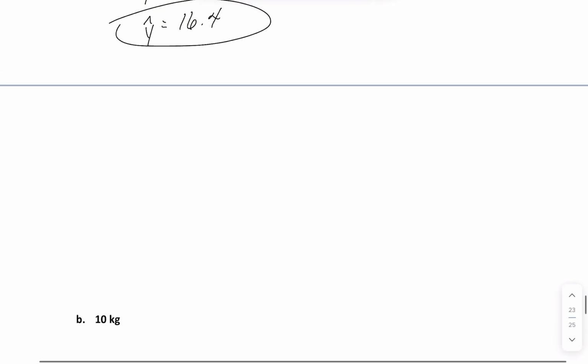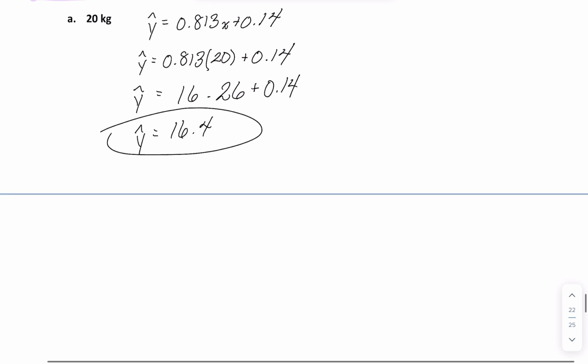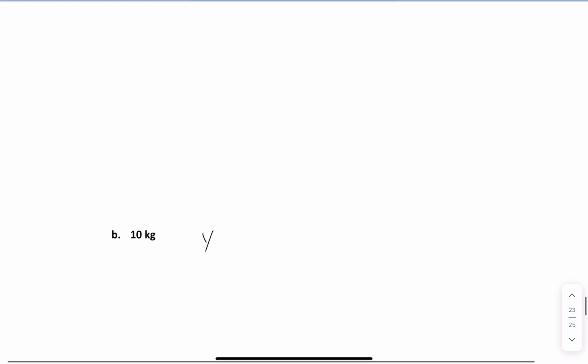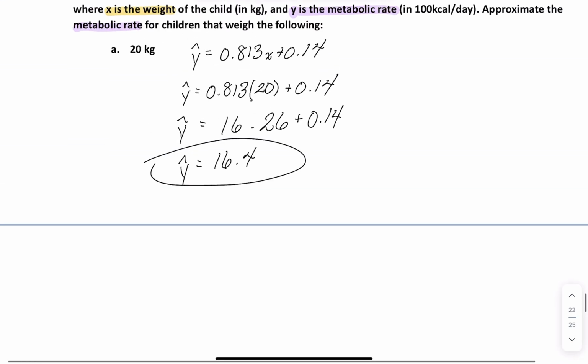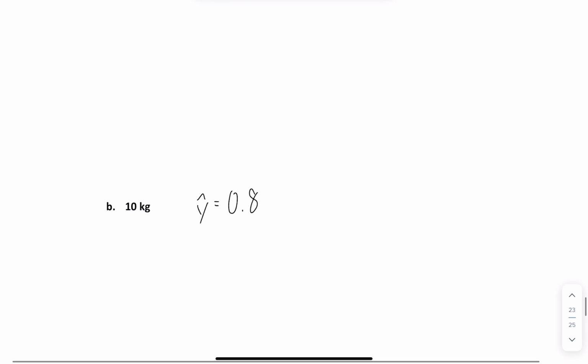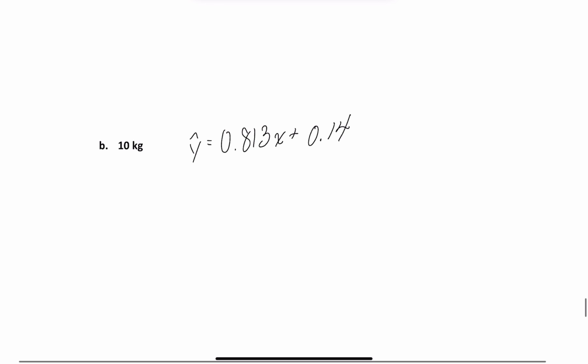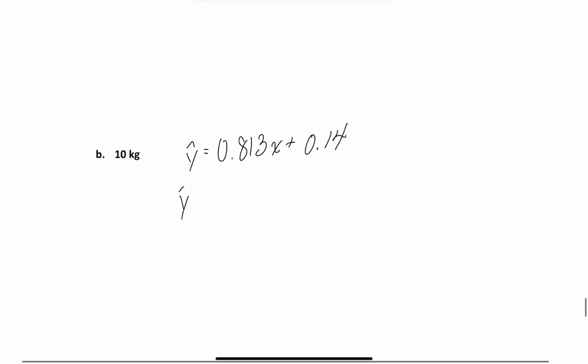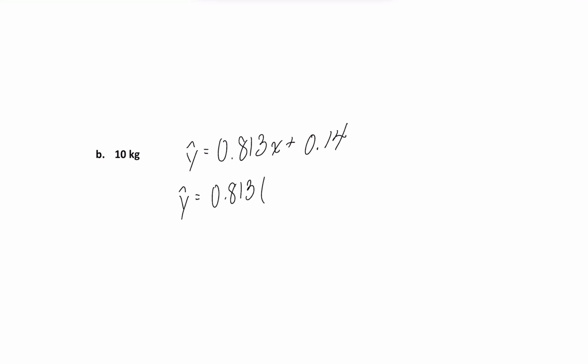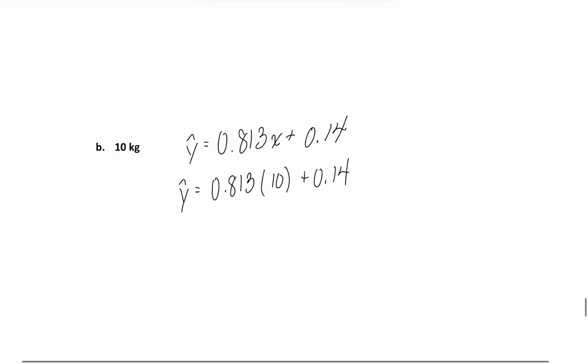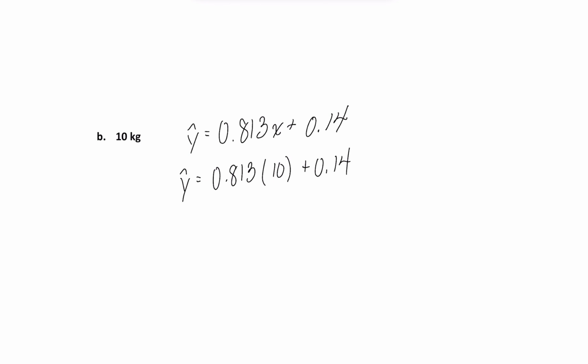Okay, just to do another example of this here, we have 10 kilograms. So y hat is equivalent to 0.813x plus 0.14. Again, we're given the weight and we want to predict the metabolic rate, which is our y hat, and our weight is x. So I'm going to plug x in where I see the weight and do the calculation.